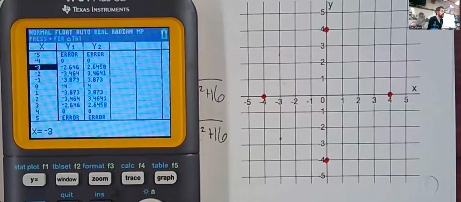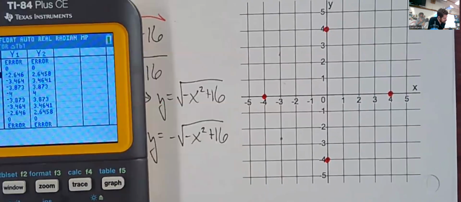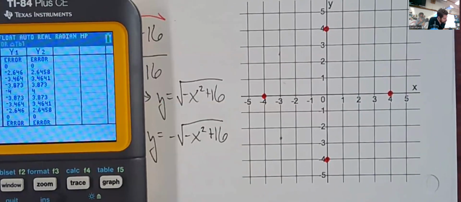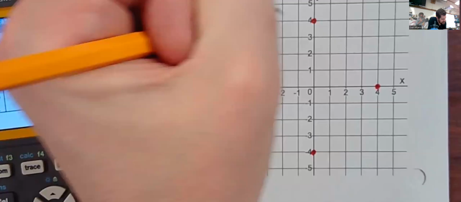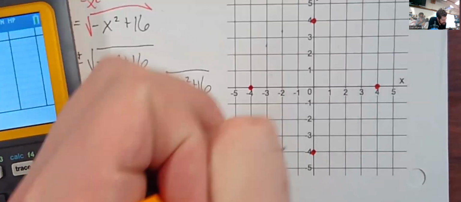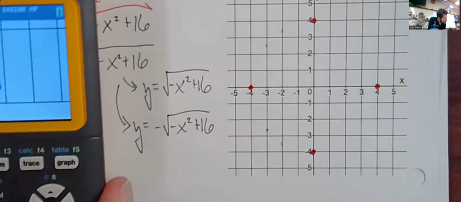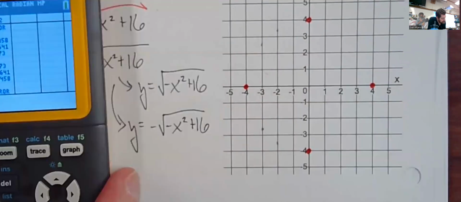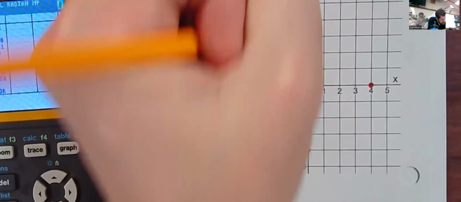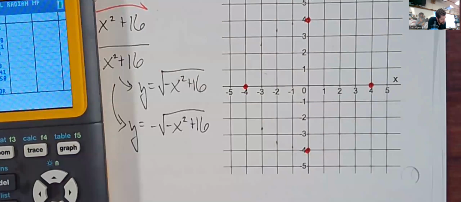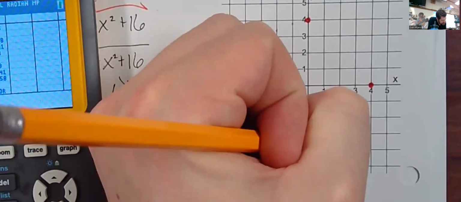I'm just being more detail oriented than I would expect you to be. I like my things to look nice when I'm working on them. So let's see, 3.46, that's about 3.5 here, and about -3.5 here. And then 3.87, 3.88, that'll be about there and about there. And then we can just reflect all those as well.